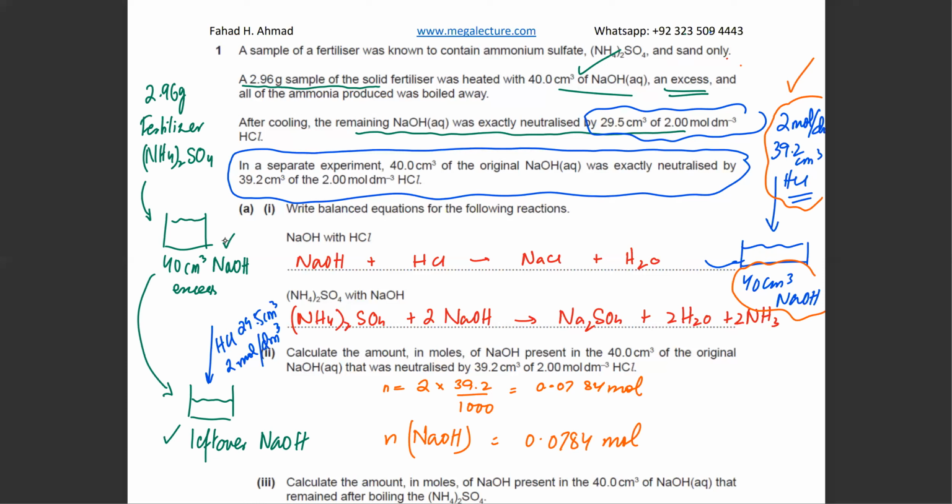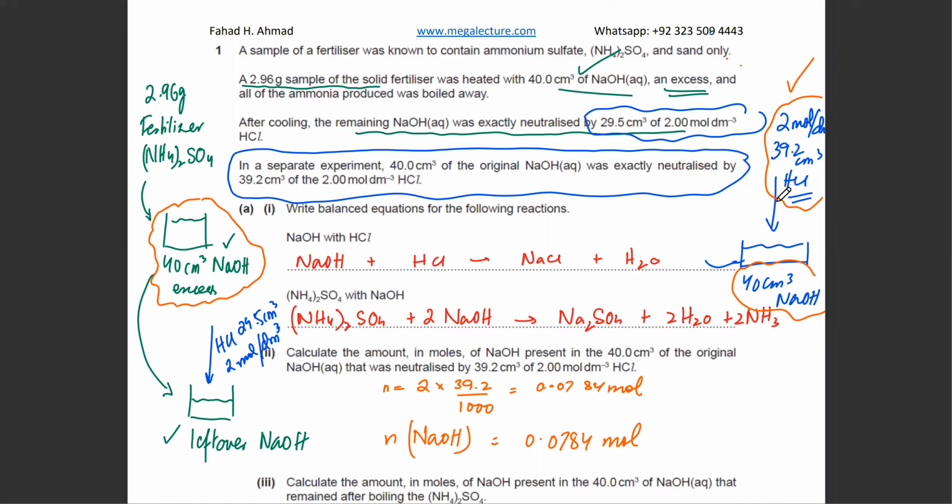reacting over here. The problem was no one knew how many moles this was, right? So in a separate experiment, he took 40 cm³ of the original NaOH that he added over here, and this time he reacted it with HCl, and he found out this is the amount of HCl that reacts with it. And HCl and NaOH react in 1:1.